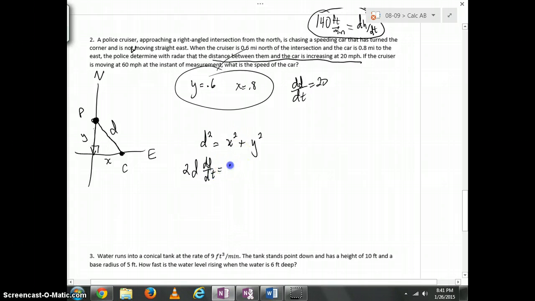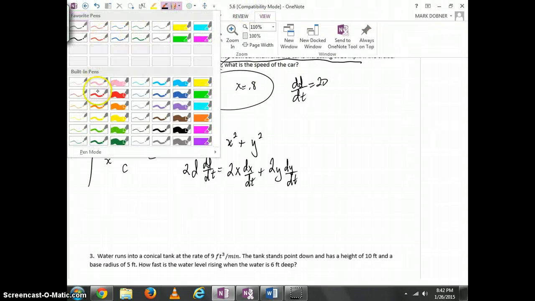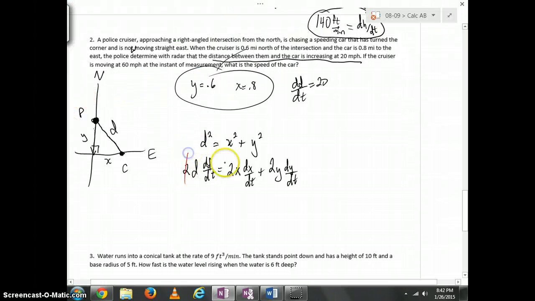Take our derivative of x squared, we'd get 2x dx/dt. Take our derivative of y squared, we'll get 2y dy/dt. And very quickly, I think we can see that we are going to cross out the 2's.